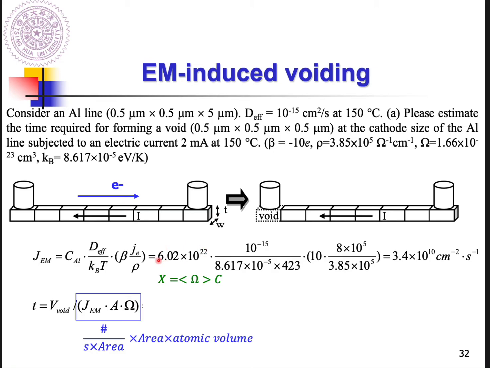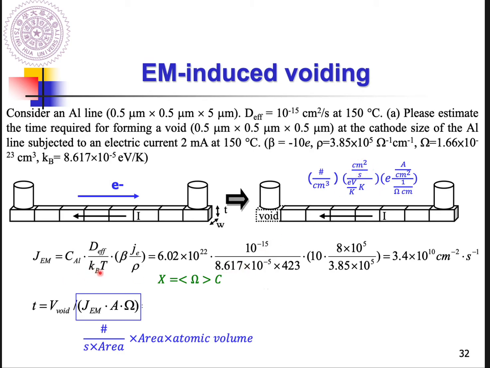So it's expressed here. In order to make sure the units will be correct, I always put the unit here. So the unit for concentration will be number per cubic centimeter here. And the diffusivity, the question tells you is 10 to the minus 15, and I put the unit here.